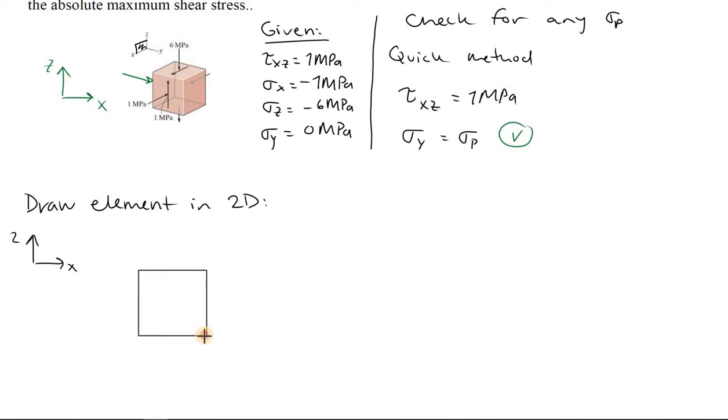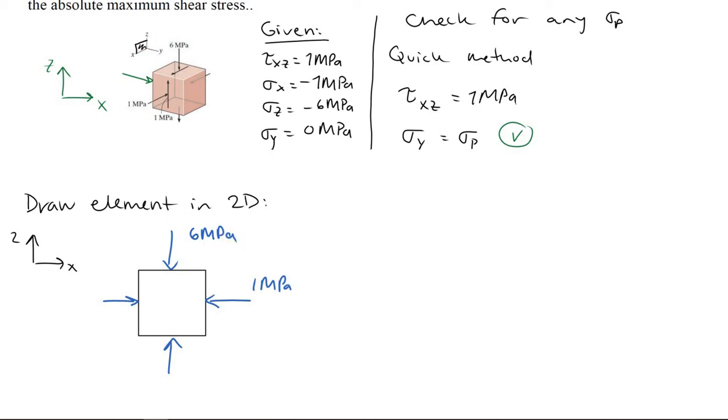My element. I have my negative 6 megapascals in the Y, which means it's going into the element. And similar for our X, it's going into the element because it's negative 1 megapascals.